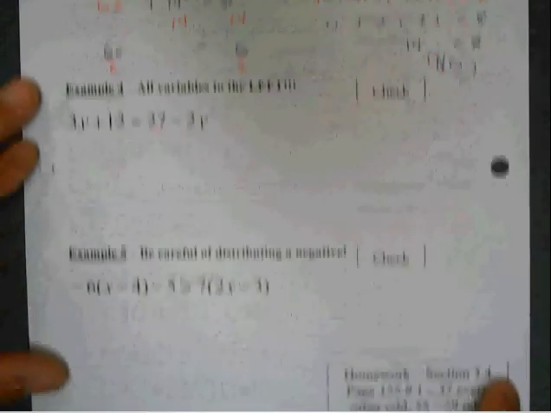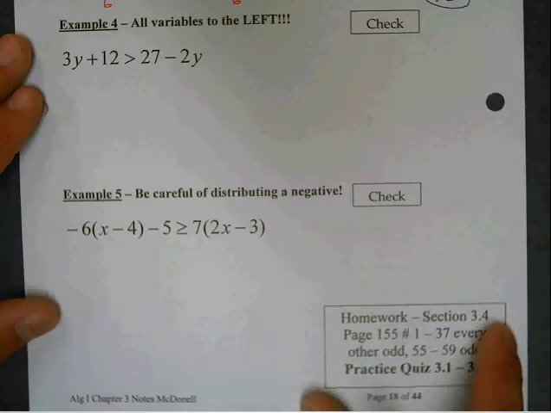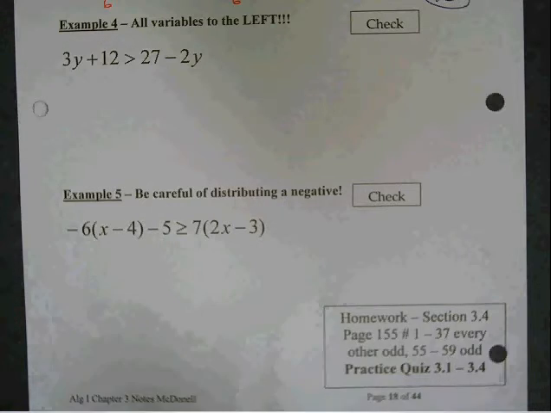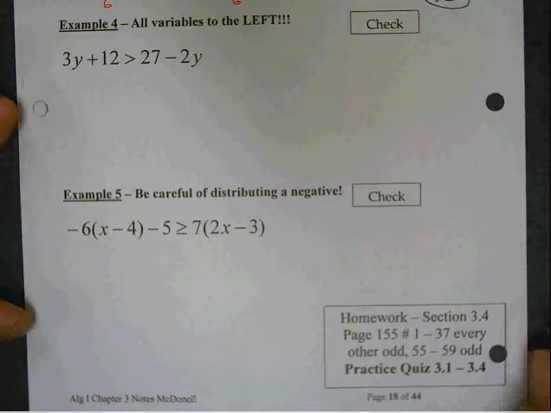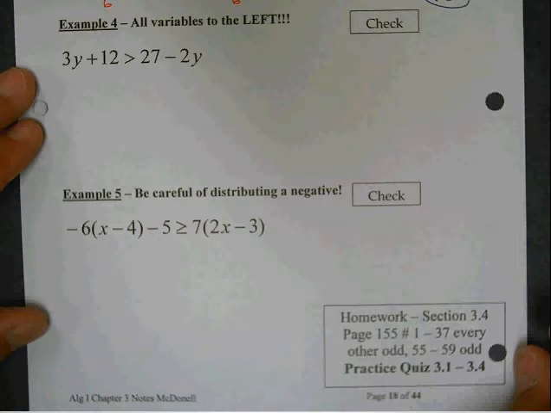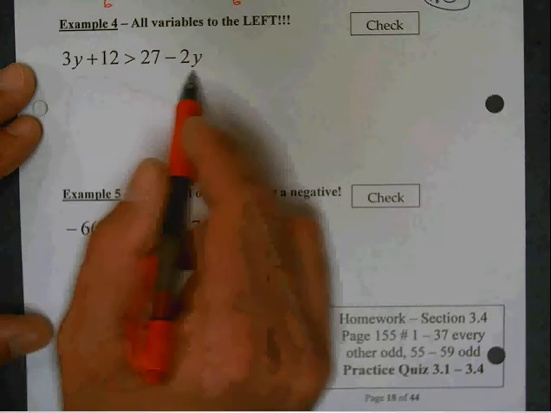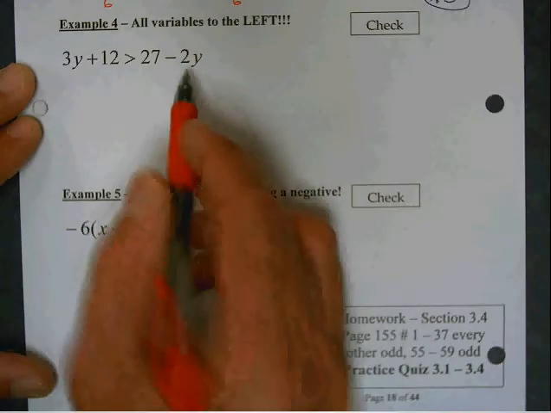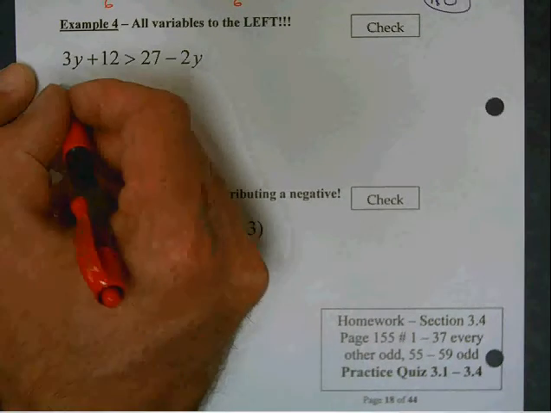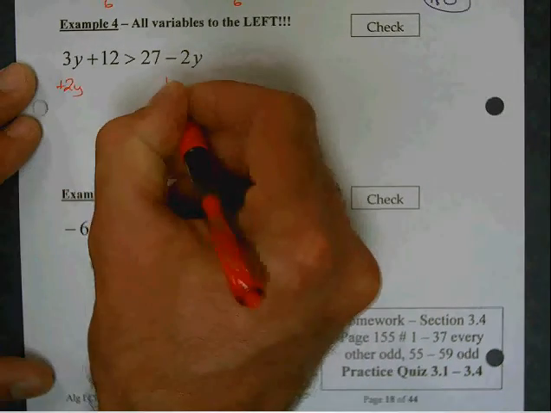All right, example 4. Who feels comfortable moving variables side to side? Who can talk me through that one? Can't be that hard. Morning, Gabe. Haley, can you help me here? Okay, let's add 2y. Keep going, Haley.